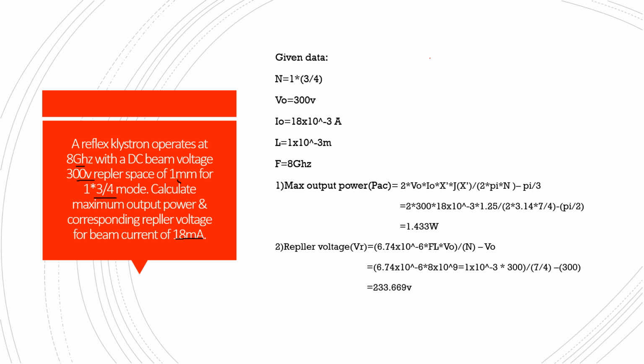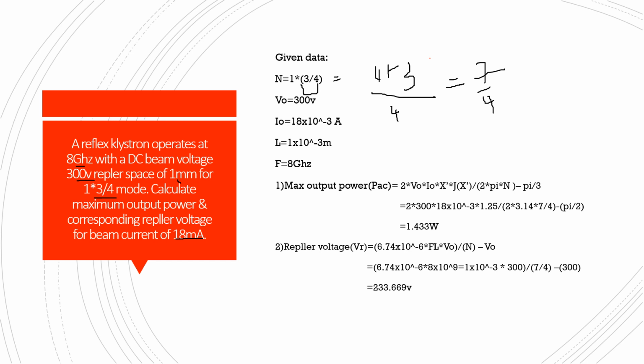Here n is equal to 1 and 3 by 4, which is a mixed fraction. We need to convert it into an improper fraction, that is 4 into 1 is 4, plus 3, by 4, which is 7 by 4.